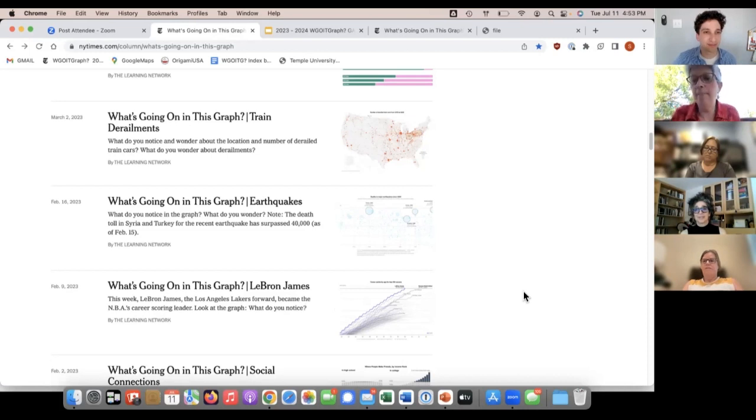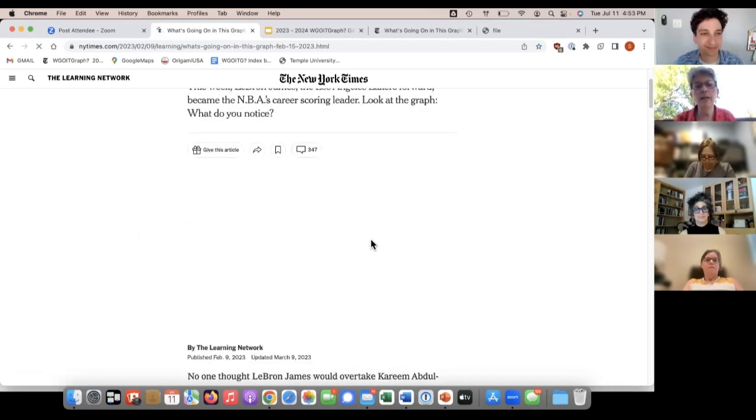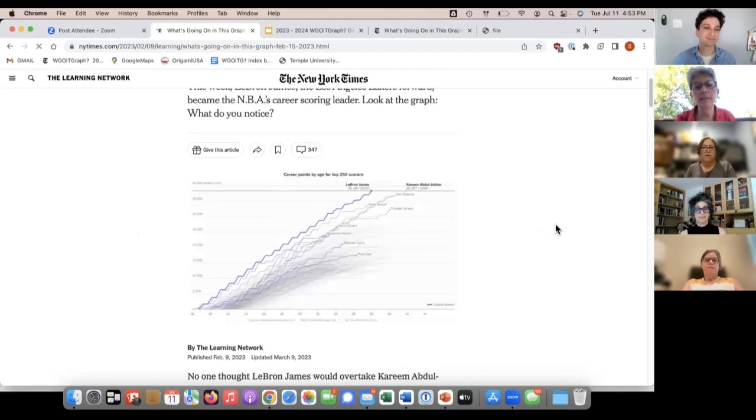I think you let it happen. The LeBron James one looks a lot like the baseball one in a way. It takes a while to come out. He's clearly above everybody else, and I have no idea who Kareem Abdul-Jabbar is. Students will be listening to each other, bringing out different things.